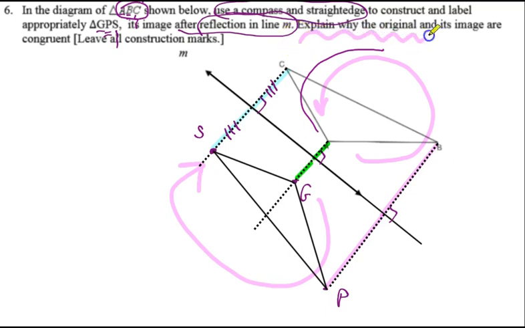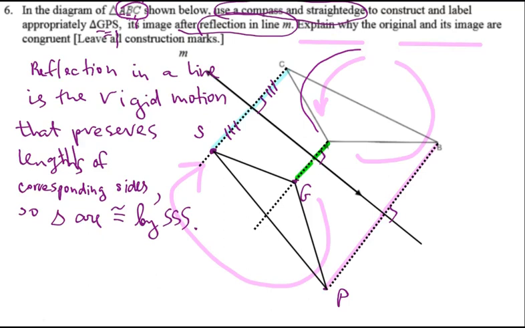Now, they wanted us to explain why the original and its image are congruent. So we know reflection in a line is a rigid motion. That means that it preserves the lengths of corresponding sides. That is why the rule of 3 pairs of congruent corresponding sides makes the 2 triangles congruent.